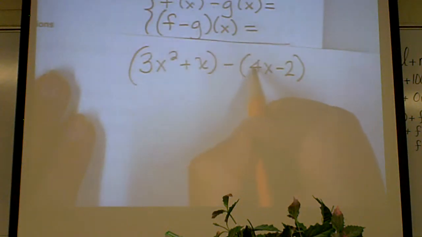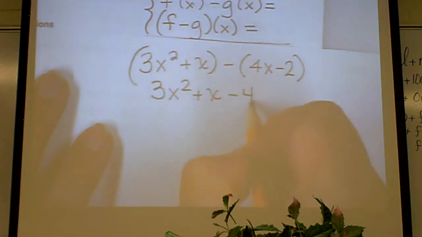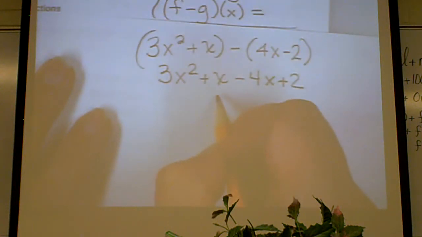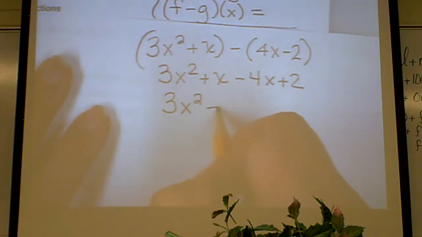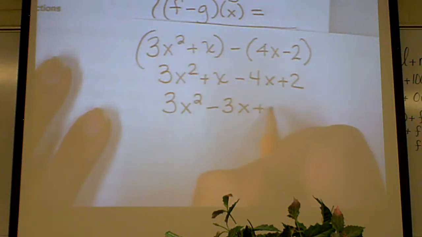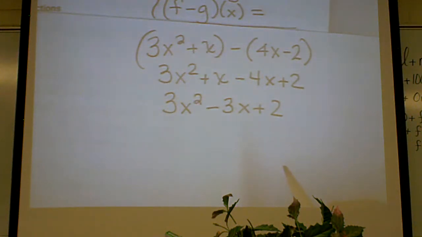And your job is to distribute this and simplify. And when you simplify, please put your answers in standard form. What is standard form? ax squared, highest exponent first. Is that easy? So we can add, we can subtract functions. You guys said it before. What else are we going to do?